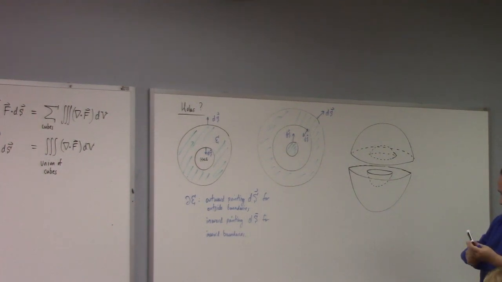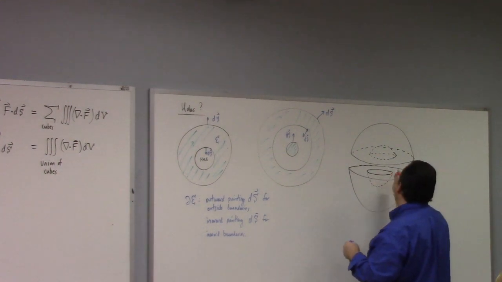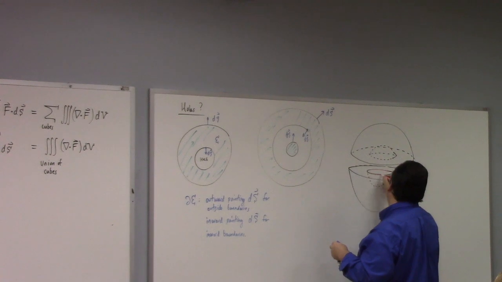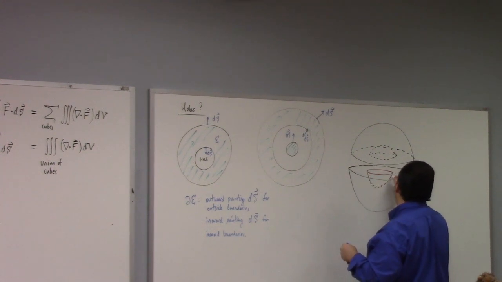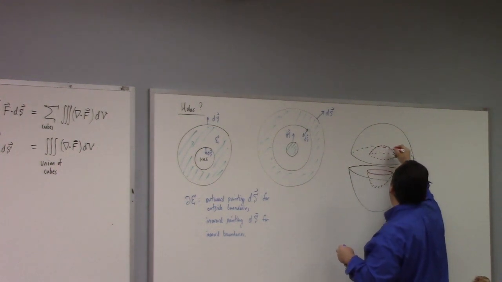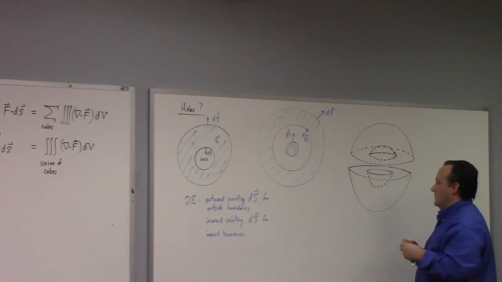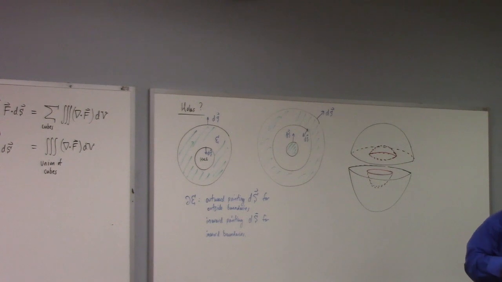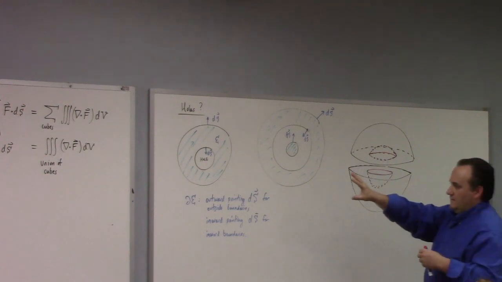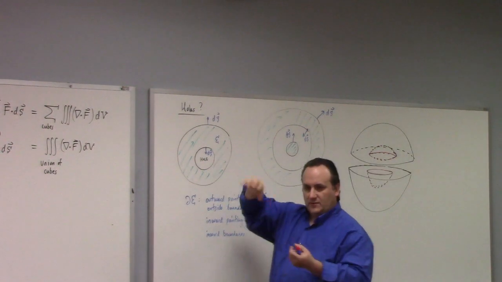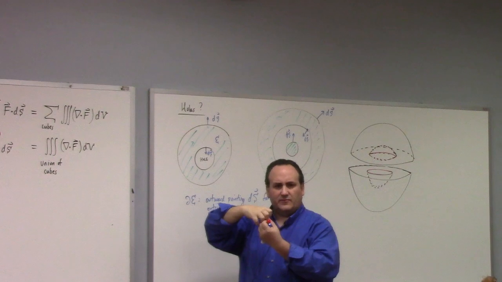Let me draw the hole in a different color. So the interior. And what would happen if I do that? If I take this sphere with a hole in it, like a gumball.